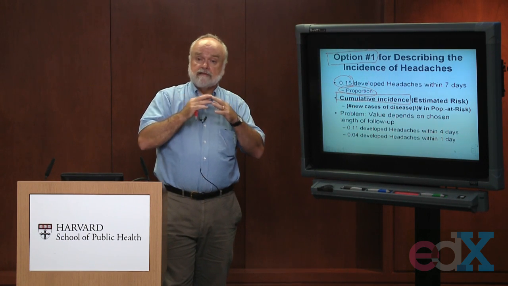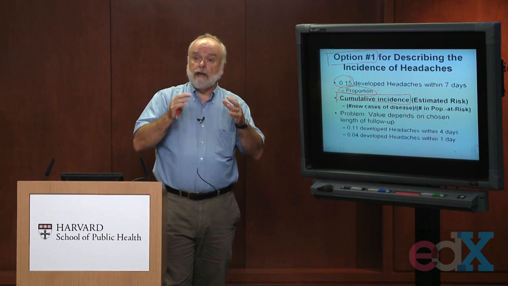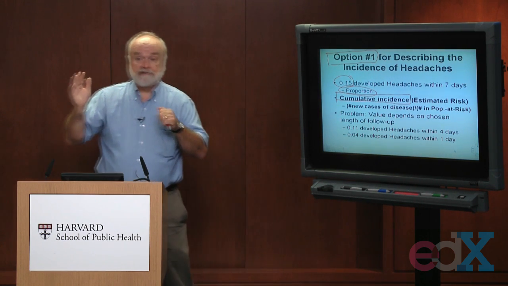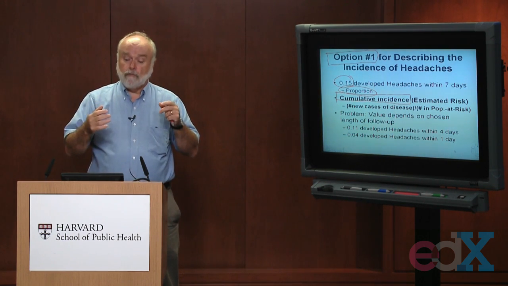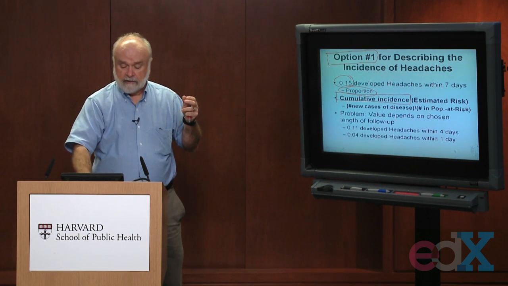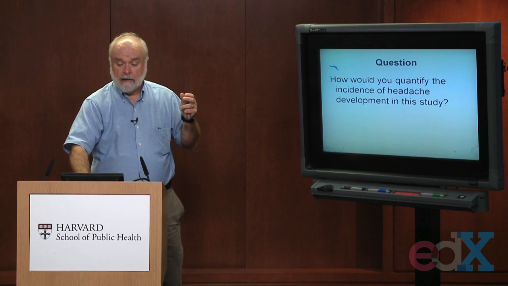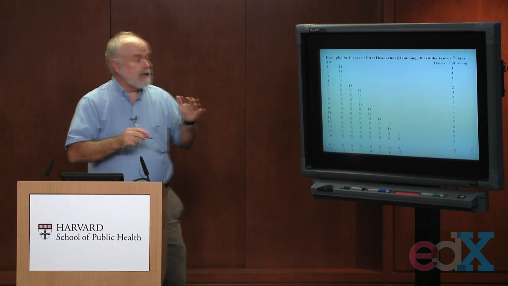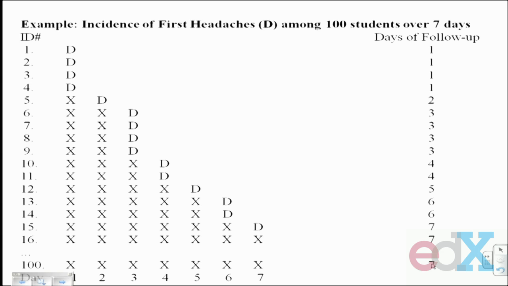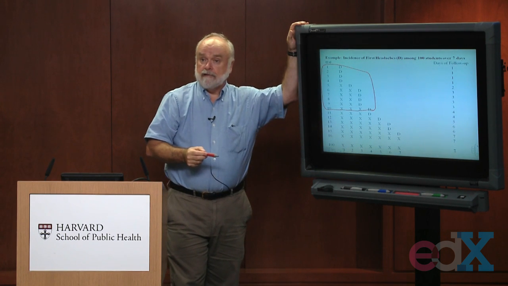The first thing is the value for the cumulative incidence depends on the length of the follow-up period. Instead of following people for 7 days, if I only follow them for 4 days, I would get a different answer for the 4-day cumulative incidence. If I go back to my original data, everybody from person 10 upward developed a headache in the first 4 days.